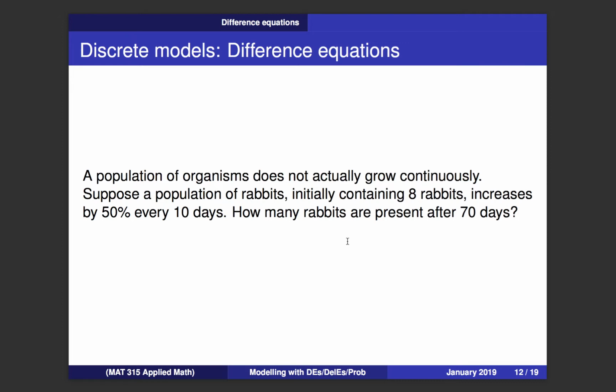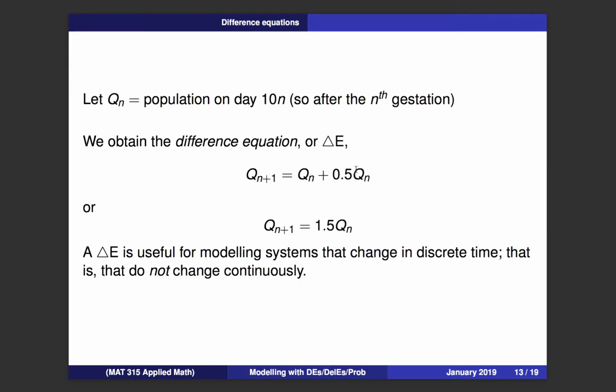You could figure out what happens by just iterating this process. Okay, so suppose Q sub n is the population after the nth birthing. So at the n plus first stage, you've got what you had, the number of rabbits that you had, plus 50%, right?